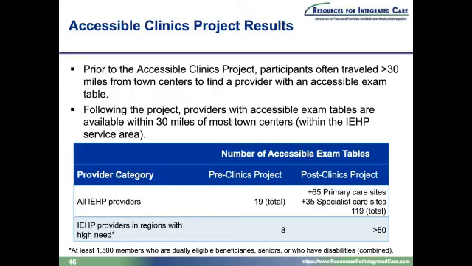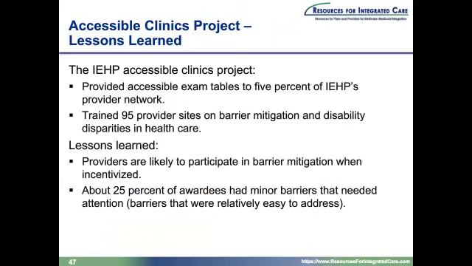And about 50 or more of those tables went into areas where we had concentrations of members who are seniors and persons with disabilities, over the population of 1,500 or more. Next slide.